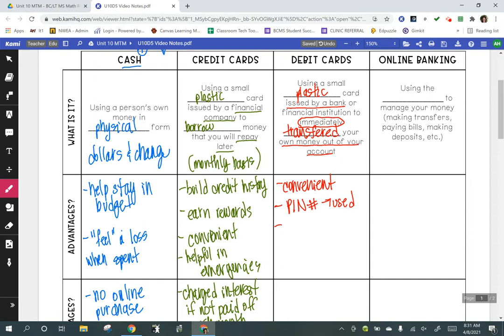You can only spend what's in your account. And with a debit card over a credit card, because it's your cash that you have, just sitting in an account, you can get cash back, or you can go to an ATM and get cash out because that's your money.